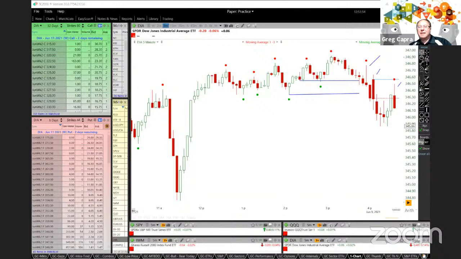Well, I did that this morning, and here was the setup where it broke out, it came back in, it tried to go up and formed a topping tail. It gapped higher and it came down again. And so I had gotten in the trade short.